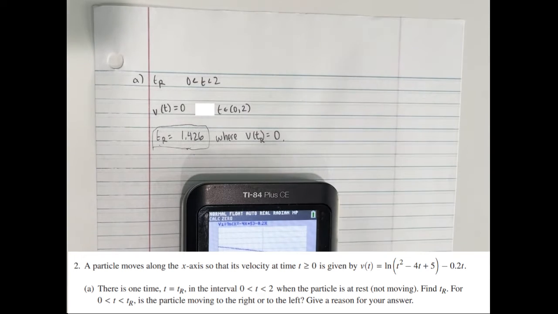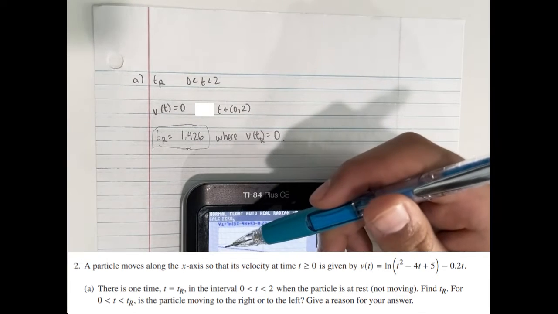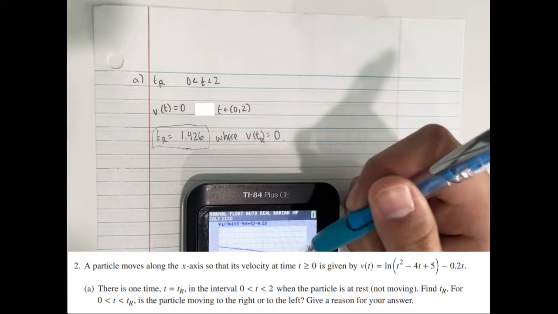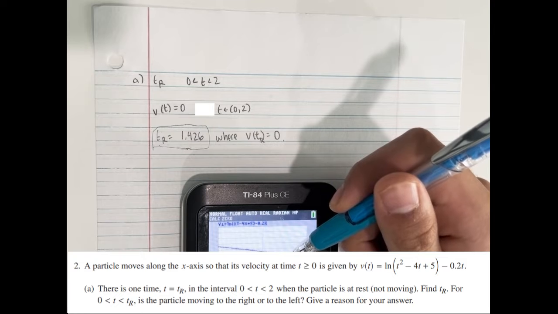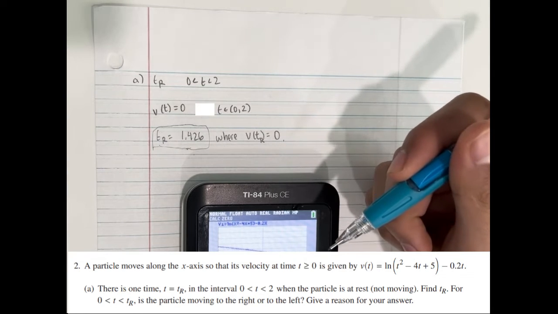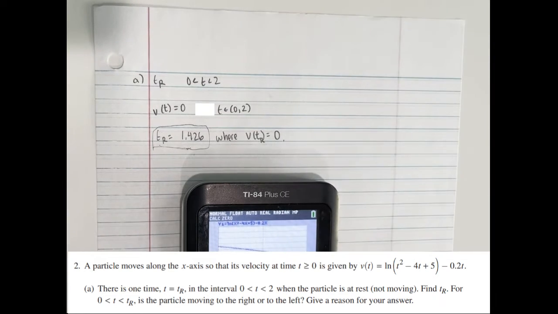The second question asks, is the particle moving to the right or the left? As we can see, from 0 going all the way until t sub r, we can see that the velocity is positive because it's above the x-axis. Therefore, the particle is moving to the right.